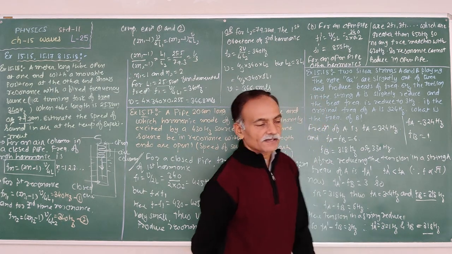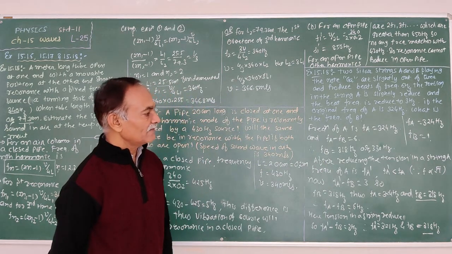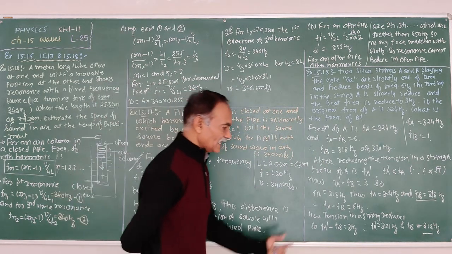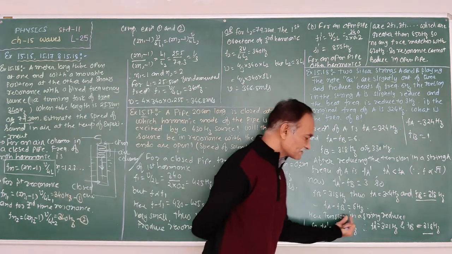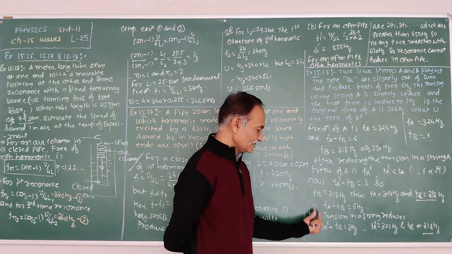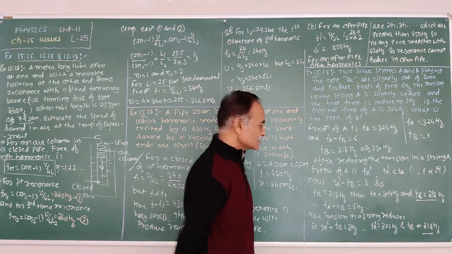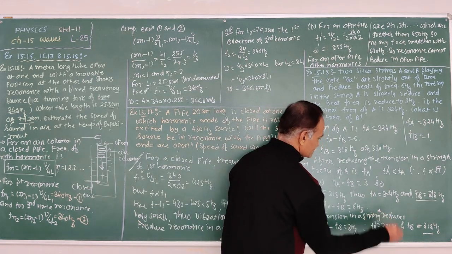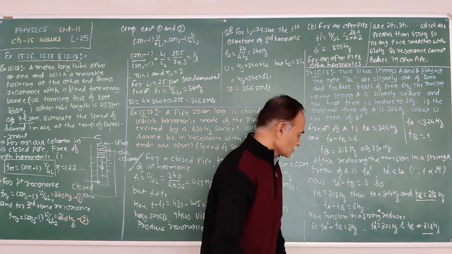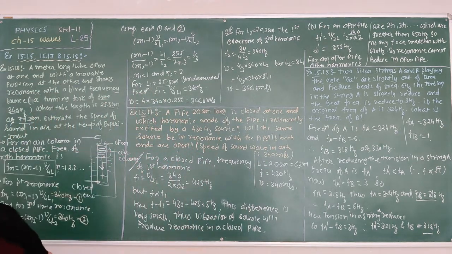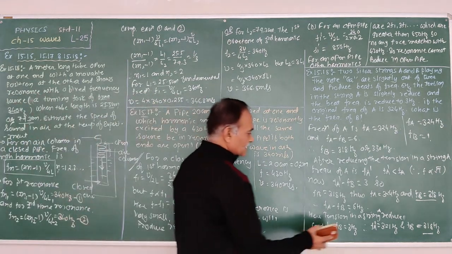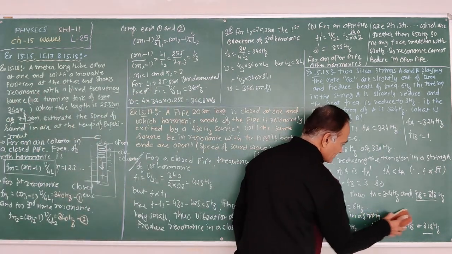Therefore, the frequency of wire B must be 318 Hz. So initially the beat is 6 per second, and after the tension in string A is reduced, the beats per second are 3.